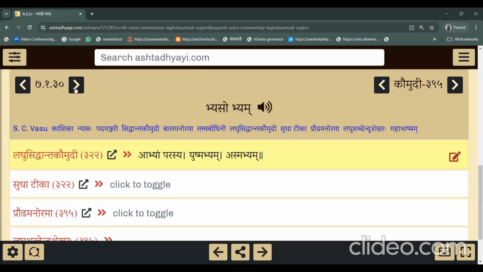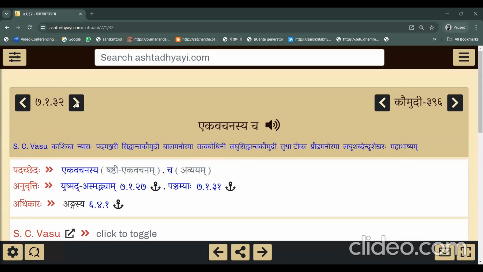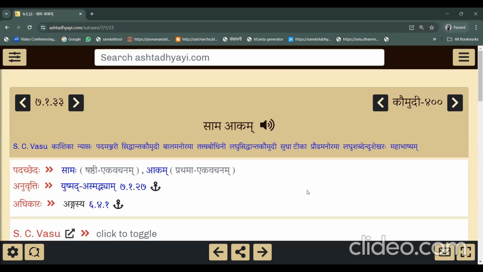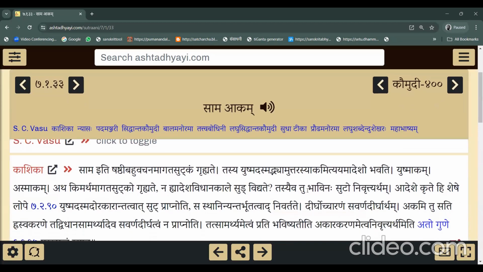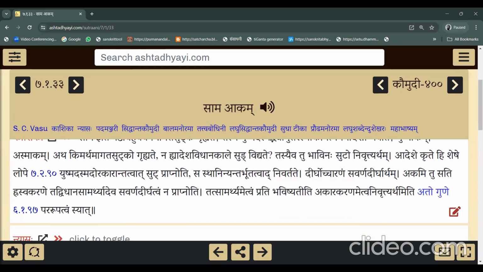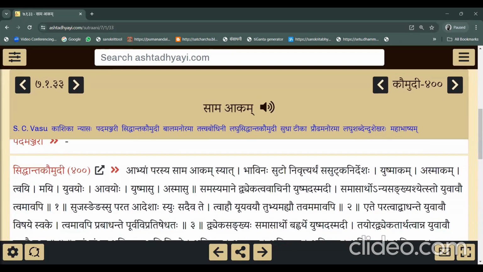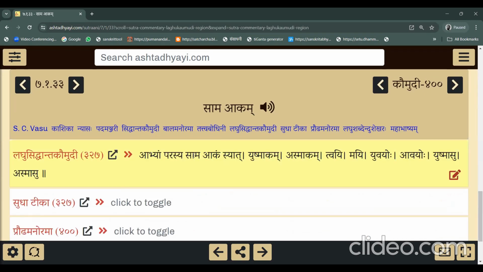You can go through 7.1.33, I think it is. Okay, not given. Abhyam Parasya Sama Akam Syad, Siddhanta Kaumudi. Laghu Siddhanta Kaumudi also says Abhyam Parasya Sama Akam Syad. Here also he says Akam Syad. Anyway, but I have interpreted in both ways.